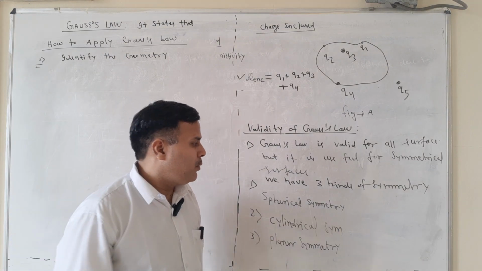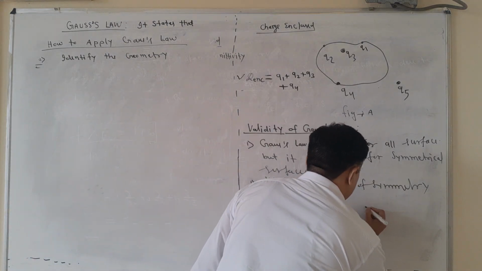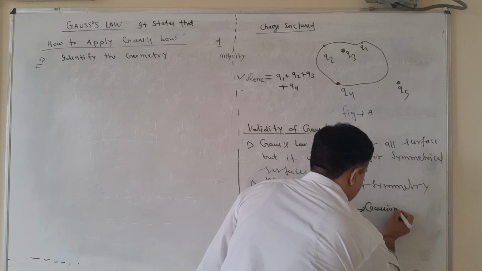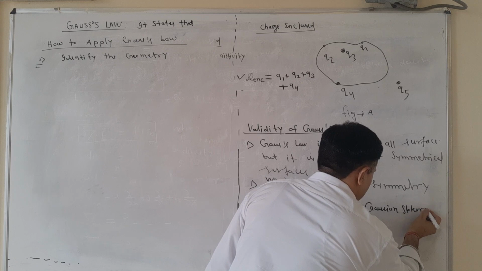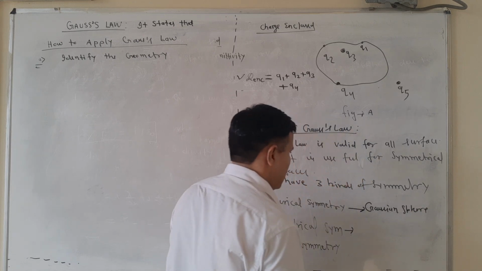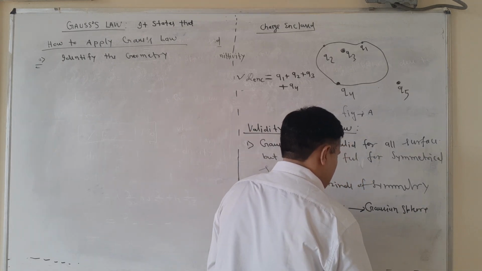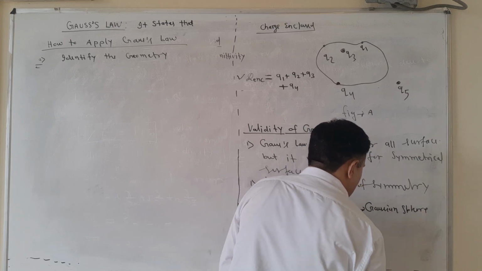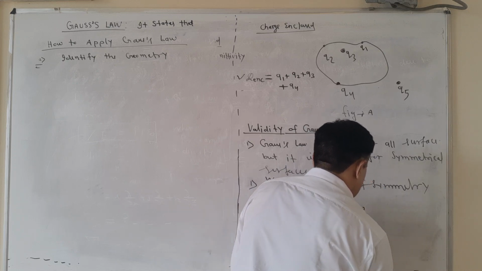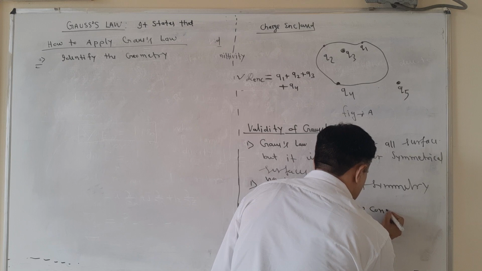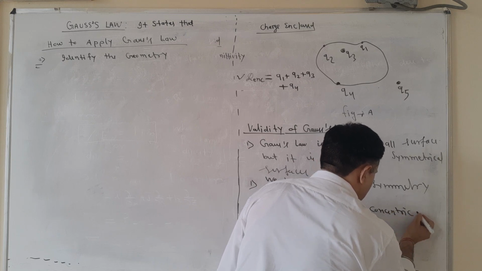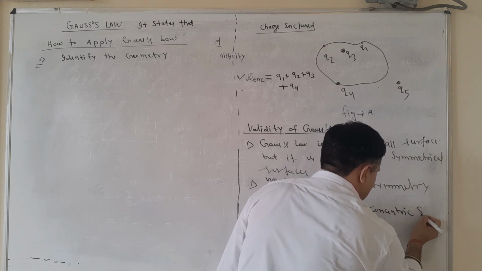For spherical symmetry we have Gaussian sphere, in other words we can write it as concentric sphere.